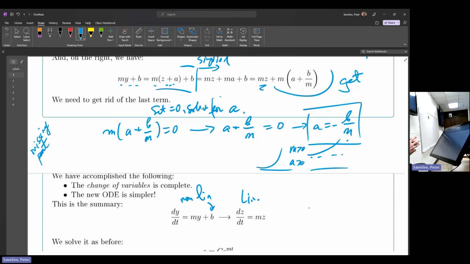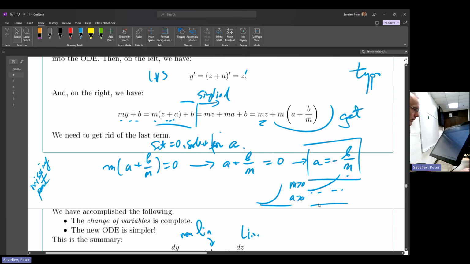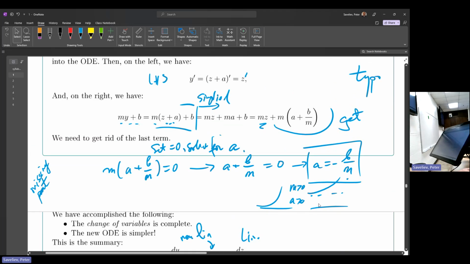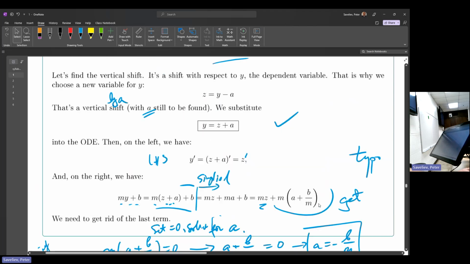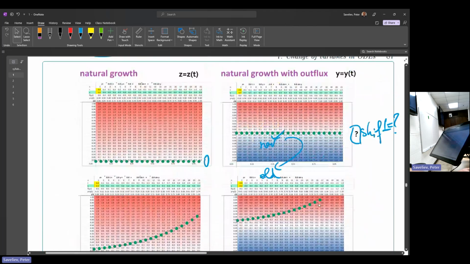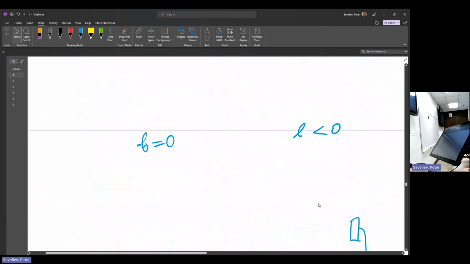A is the shift of the solution, and it is in the positive direction, but that doesn't make sense. A and B should be related to each other, having the same sign, because B is whether people come in or out, while A should also be in or out.